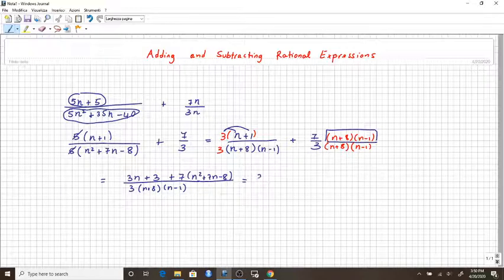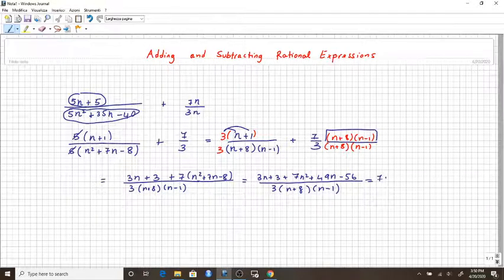So now we have 3n plus 3. Let's use the distributive property: 7n squared plus 49n minus 56, all divided by 3 times n plus 8 times n minus 1. And let's try to combine the terms.